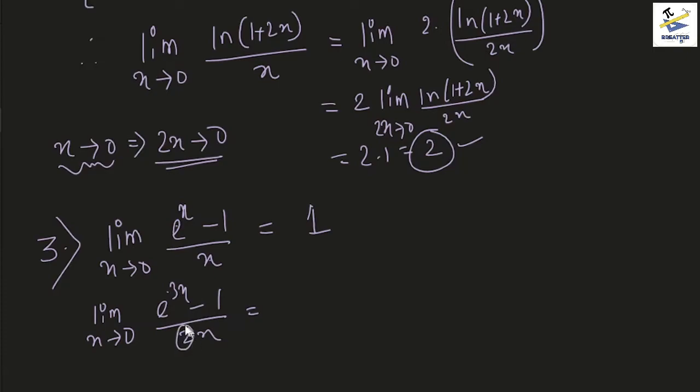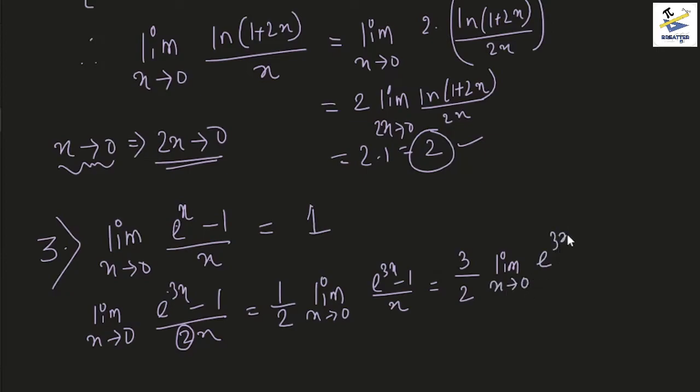Firstly, this 1 by 2 here is a constant. We can take it out and write it as limit x tends to 0 of e to the power 3x minus 1 by x, and then we can have a 3 here, so that we do a proper adjustment by making the denominator equal to 3x, and this shall give you 3 by 2, because this portion is just 1. So I hope you get the idea.